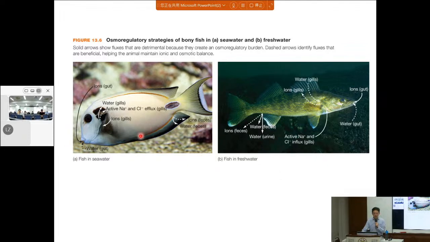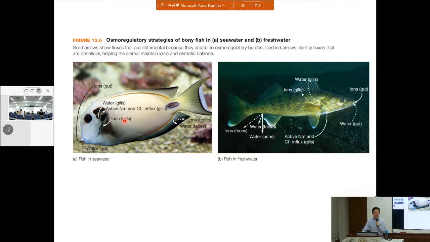As I mentioned, seawater fish tend to lose water and gain too much salt. So they need to overcome the loss of water by drinking a huge amount of seawater.